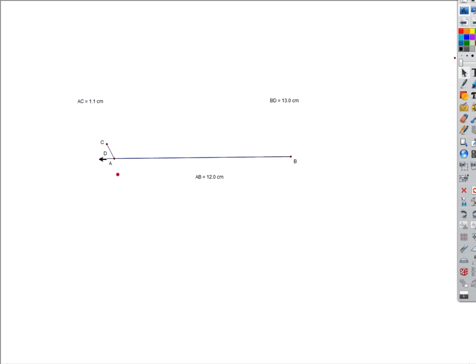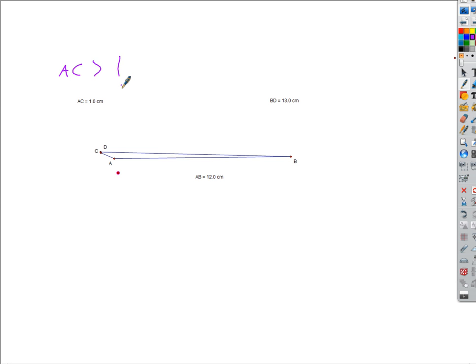So now we should be able to make that work, right? Everybody agree? Okay, so what could you tell me in this case? If BD is 13 and AB is 12, then what could you tell me about the length of AC?